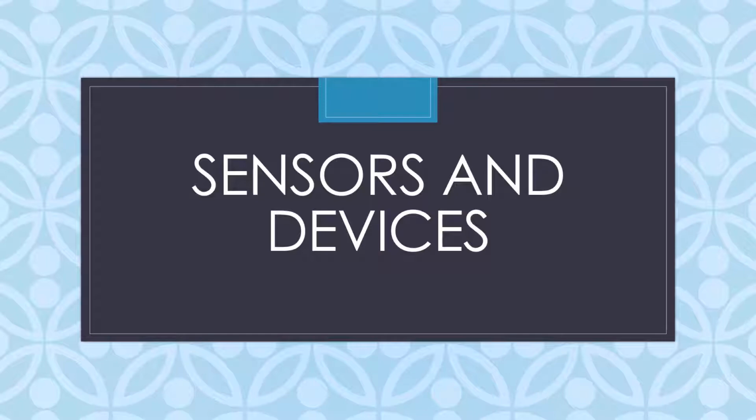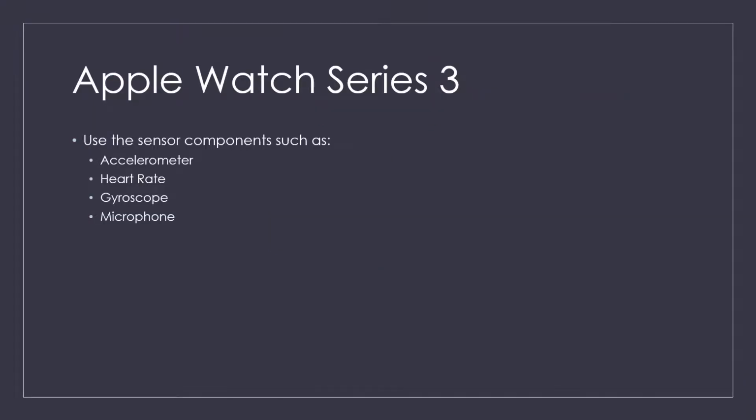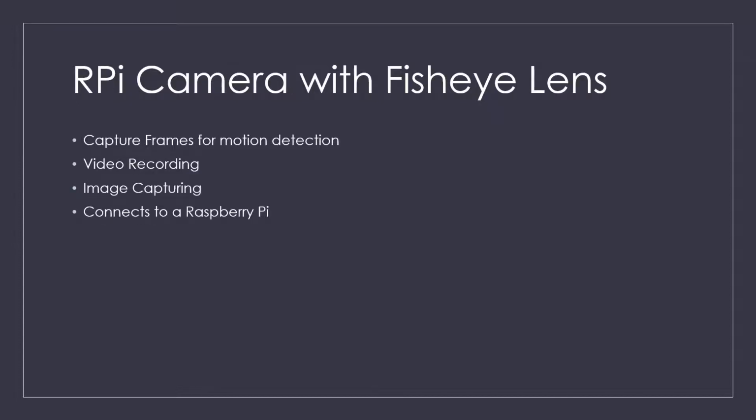Sensors and devices. To begin with, we'll use a wearable device which is in the form of the Apple Watch, specifically the Series 3. Now, this device has accelerometers, heart rate sensors, gyroscope, and microphones.